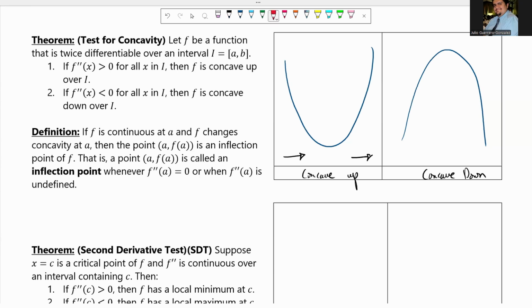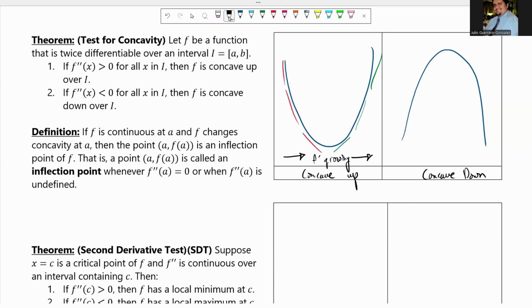Notice what's happening. My slopes are going from negative to positive, right? So we say here that f prime is growing.